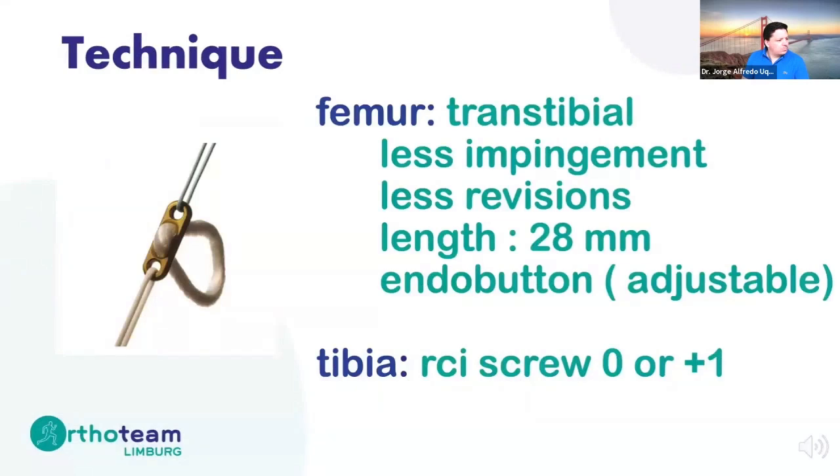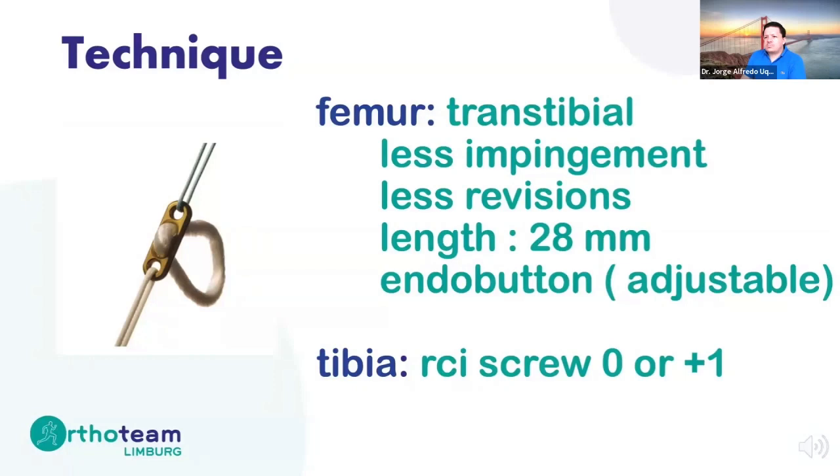When we do an intra-articular procedure, some of my colleagues use a transportal approach for the femoral tunnel. I personally always go transtibial, and certainly when we use a LARS ligament, we always go transtibial. Why? Because there is less impingement when you go transtibial.